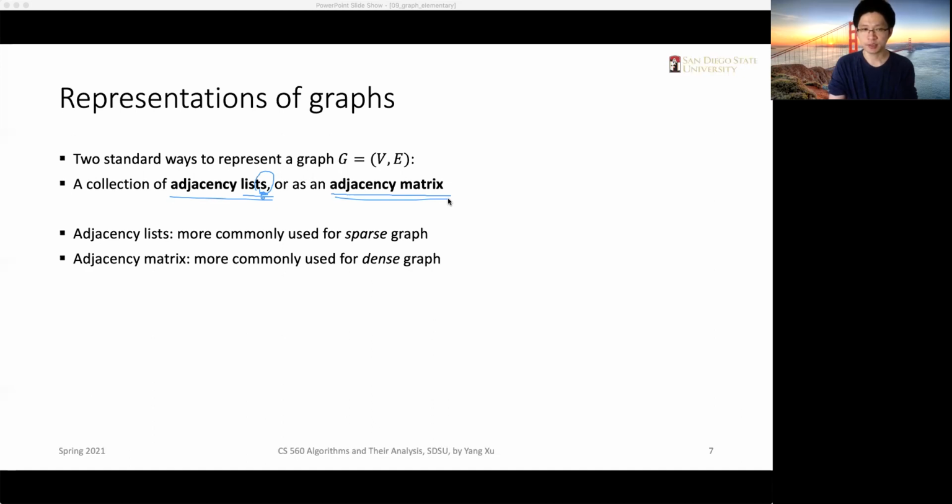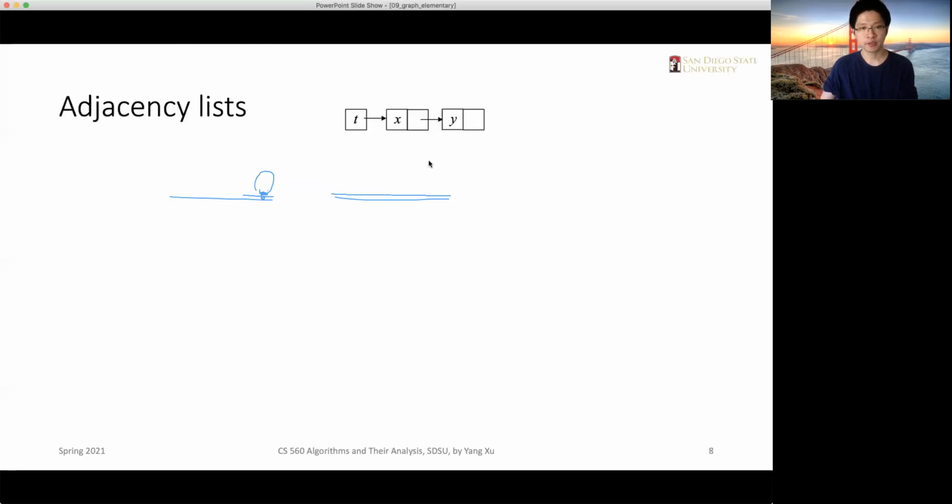And in the other case, if you have a lot of connections, a lot of edges between the vertices, then it's more efficient to use the adjacency matrix for a dense graph. So we'll start from the adjacency list here.